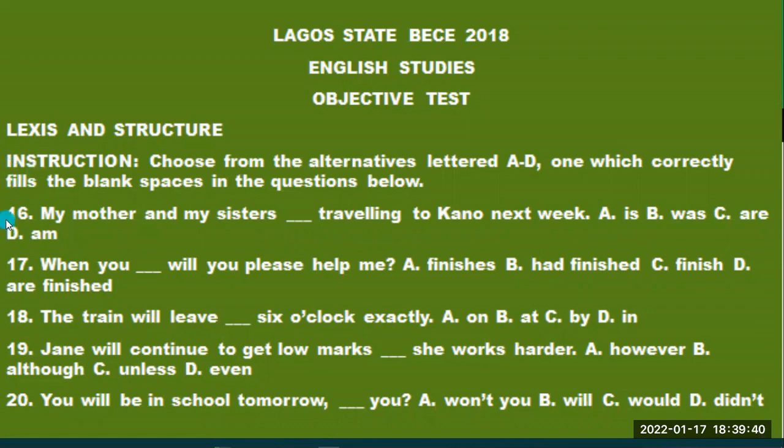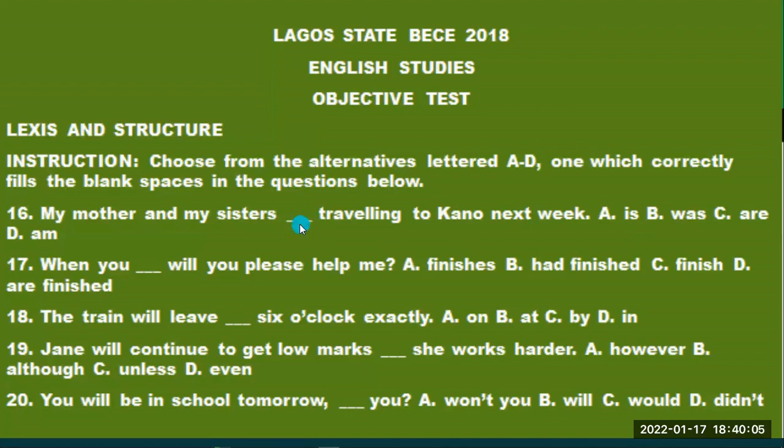Question number 16. My mother and my sisters dash traveling to Kano next week. You are required to choose the correct option to fill in this blank space. Now, option A is incorrect because it cannot fit in here.